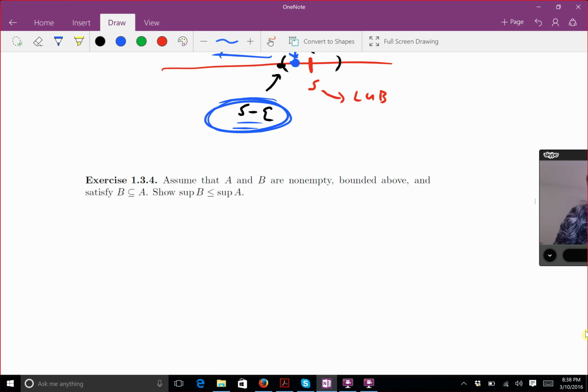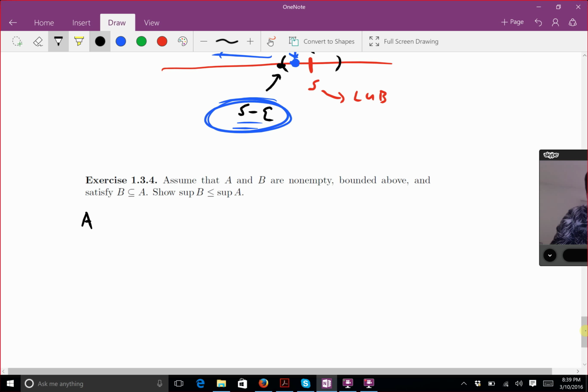We have A and B are non-empty, bounded above, and satisfy B included in A. Show sup B is less than or equal to sup A. So it's non-empty and bounded. That's the theorem we have looked at. And so it should have a least upper bound, right? That's right. So we know that A has the least upper bound, right?